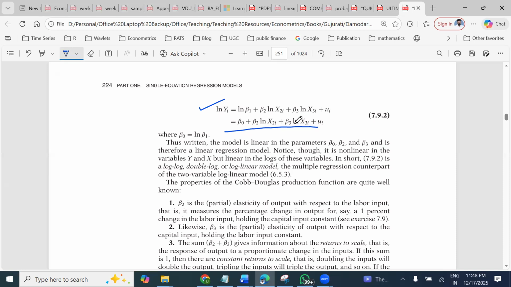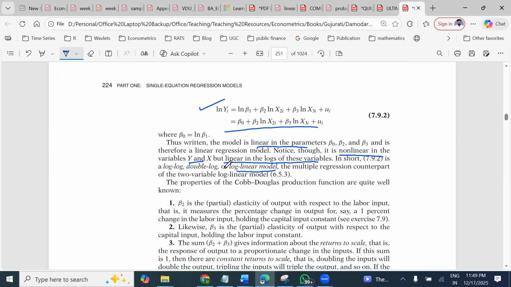This model was given in the question. So this model is linear in parameter, and it is non-linear in the variables y and x, but linear in the log of these variables. Okay, so it is basically a double log model, or you can say a log linear model also.